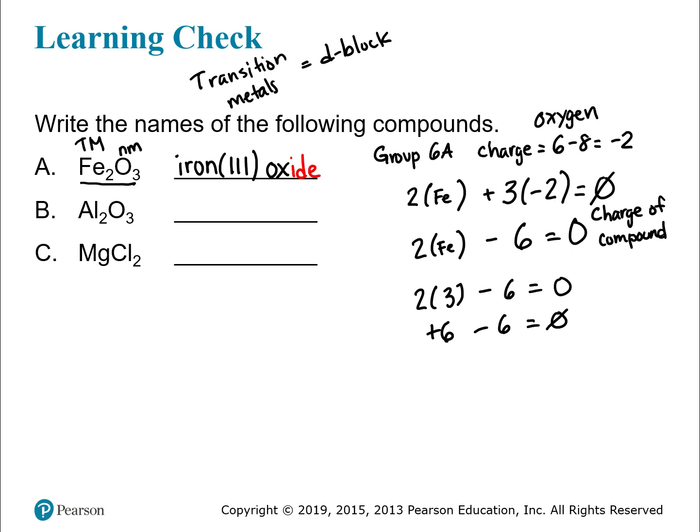So aluminum is actually in group 3A. It is not a transition metal. It's a metal, but it's not a transition metal.